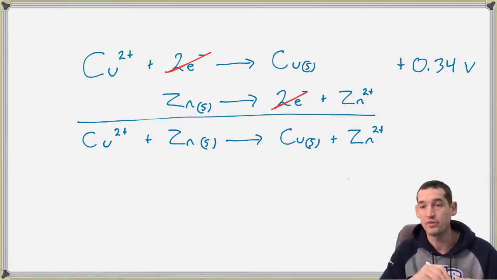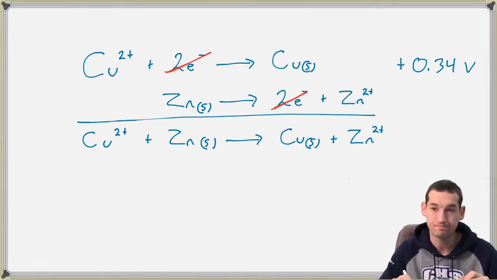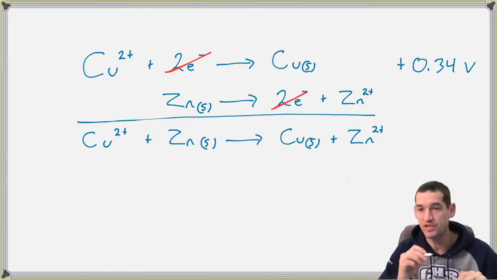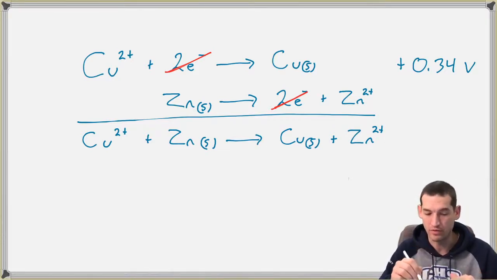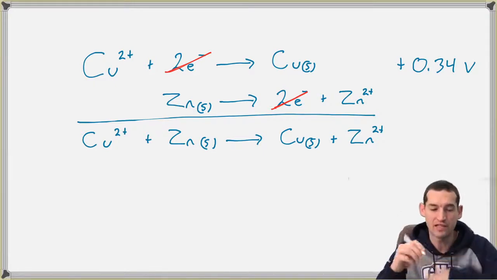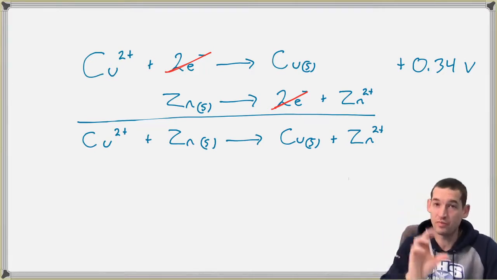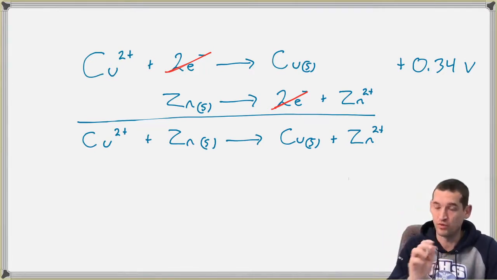Okay, now go to your data booklet, pause the video, find the zinc half reaction, and find its voltage. Once you've found it, because we wrote the zinc half reaction backwards, we're not going to write the negative 0.76 like we see in our data booklet. We're going to write a positive. Because we flipped the reaction, we're also going to flip the voltage.